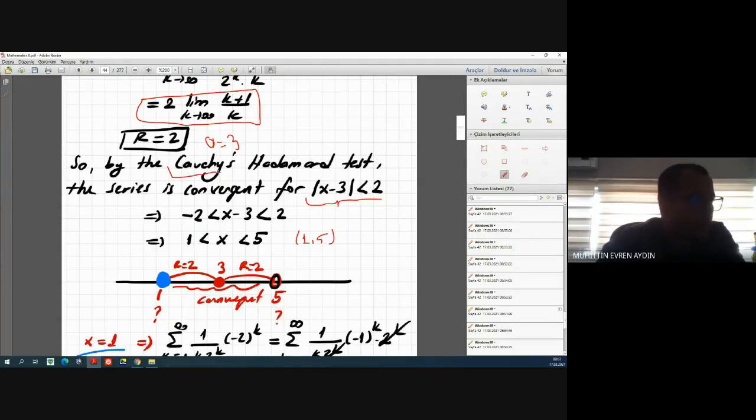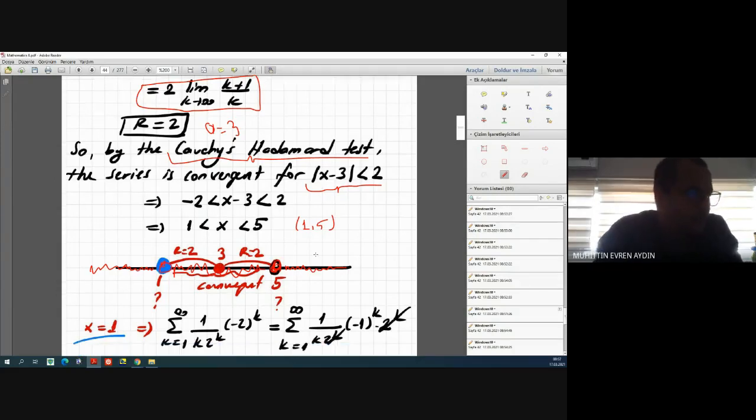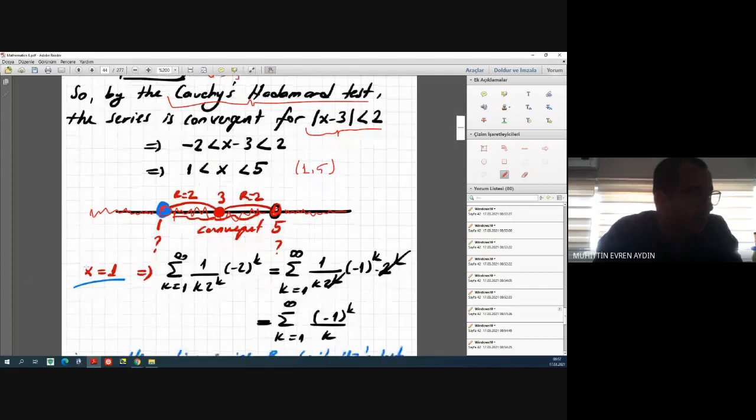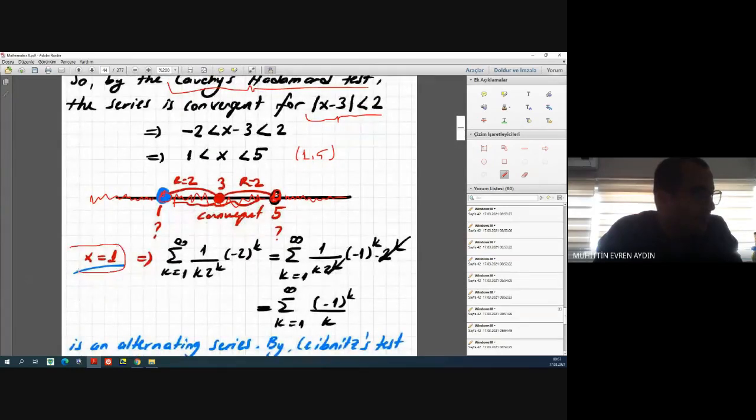Our Cauchy-Hadamard theorem says that at inside points the given series is convergent, and at exterior points the power series is divergent. So we have to observe the endpoints. For instance, we have to look at what happens at the point x equals 1.